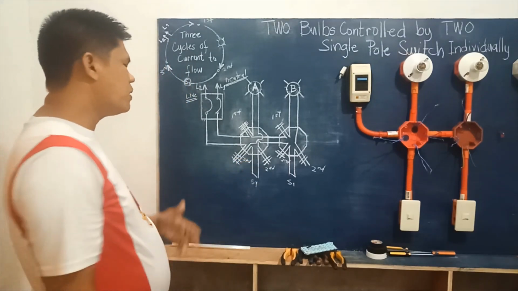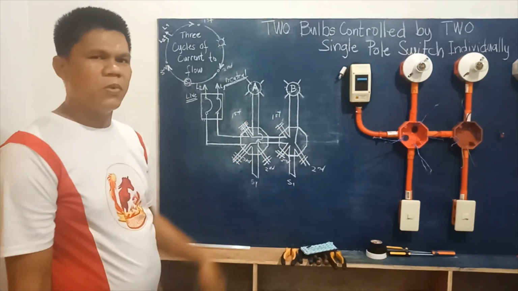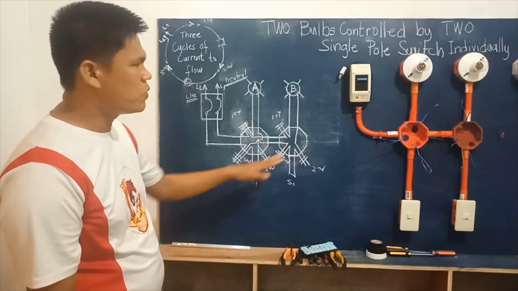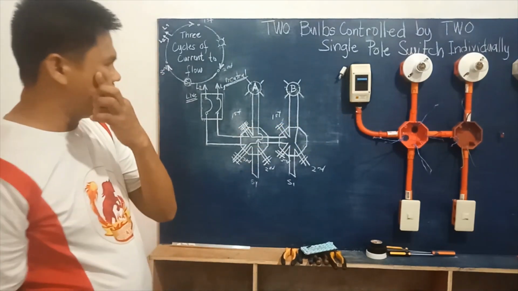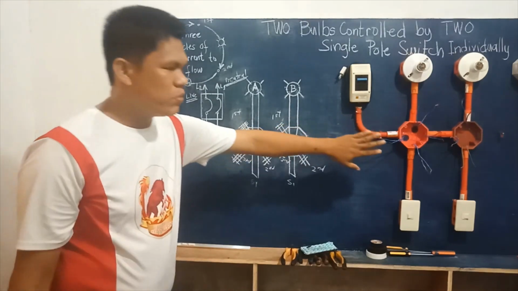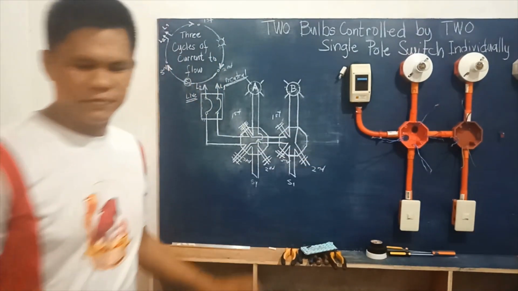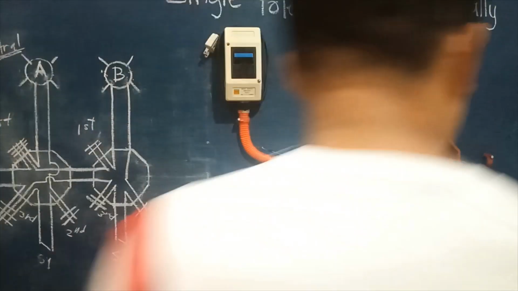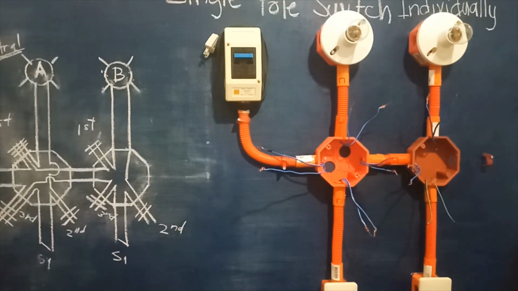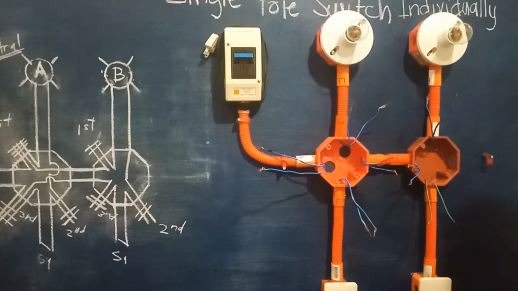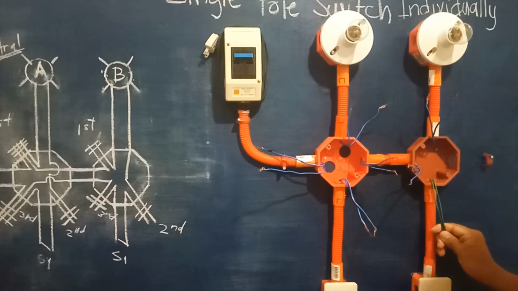So we will now shift into the actual wiring connections for our better understanding. Of course, we will use the wiring board here in this actual wiring devices. So here we go now in our wiring installation with our wiring devices.